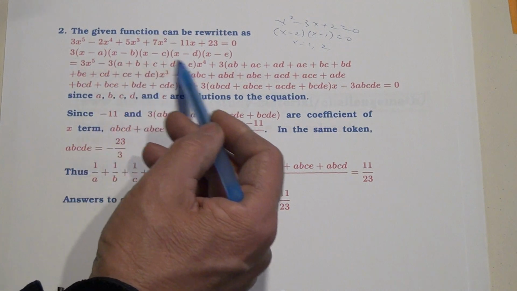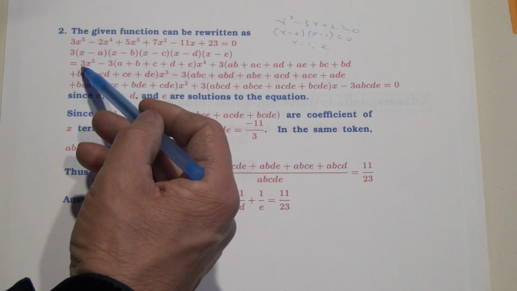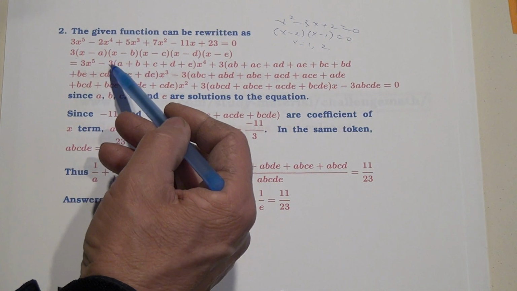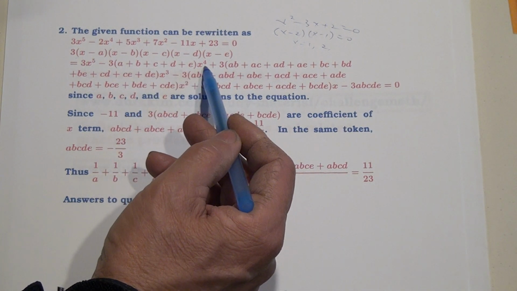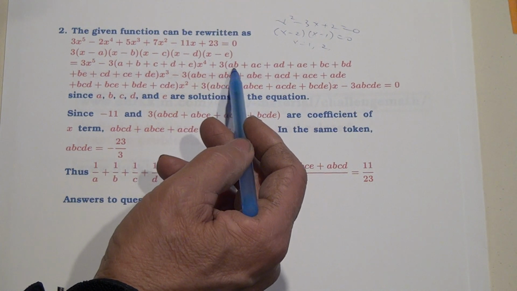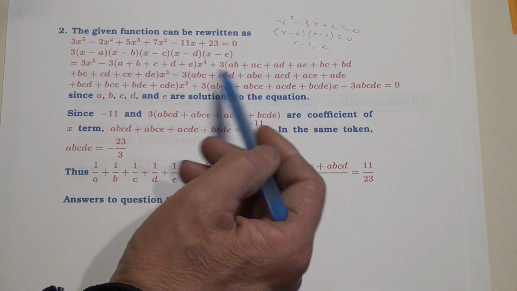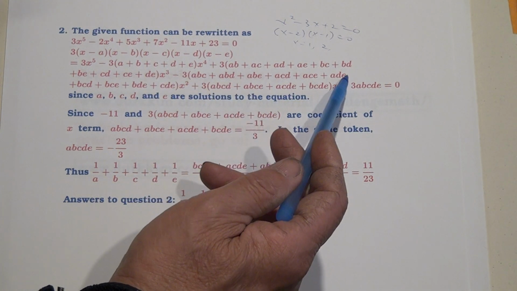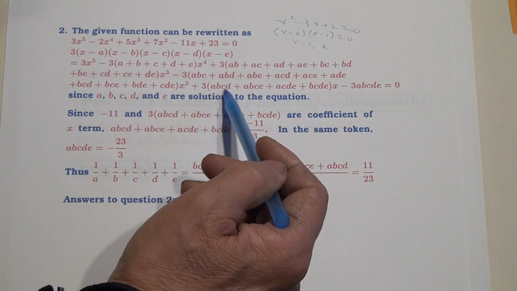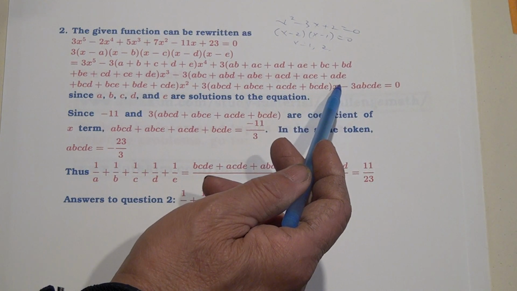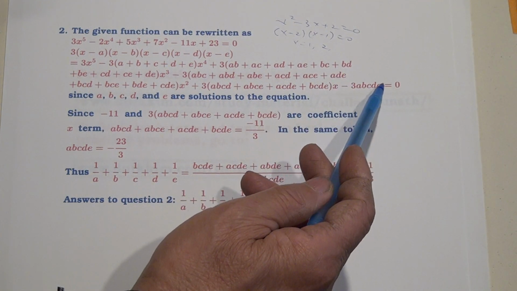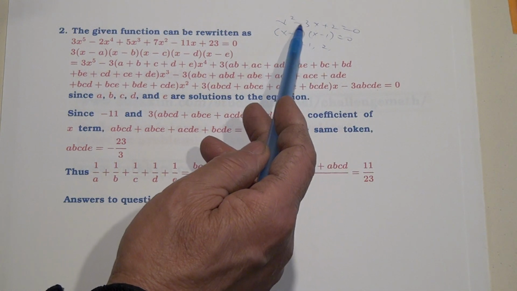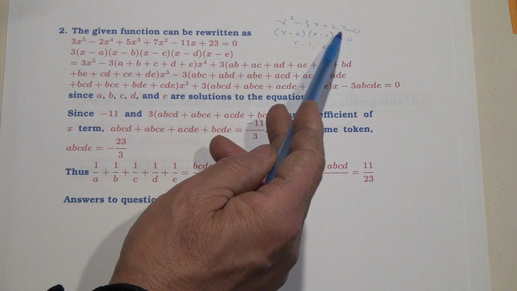So you can rewrite that, and this one will be expanded to 5x to the fifth, and then minus the sum of all of them with 1 less power, and the sum of the products of 2 with 1 less power, and the products of 3 with 1 less power, and the products of 4 numbers with 1 less power, and the product of 5, and then no x term, as we see here, x to the second, x to the first, and the constant.